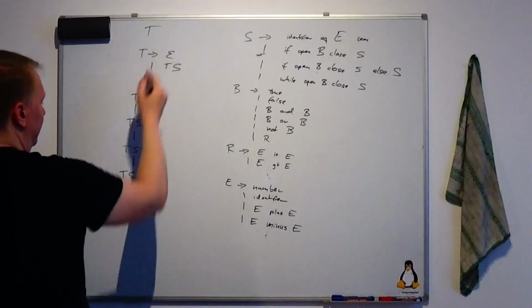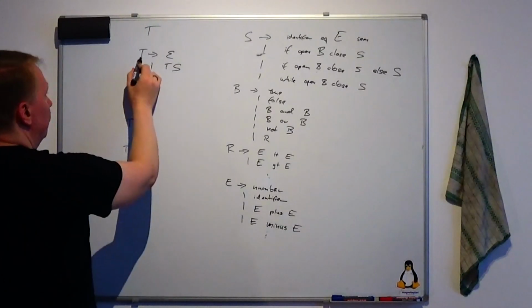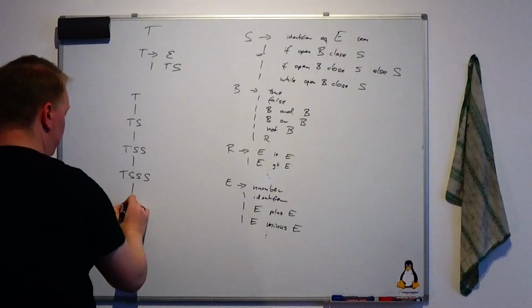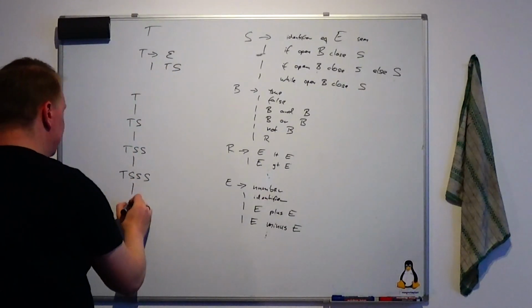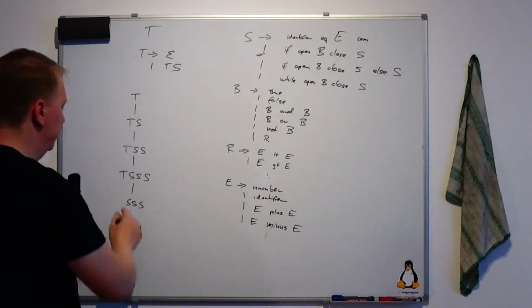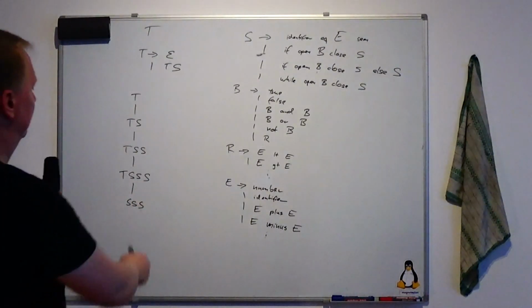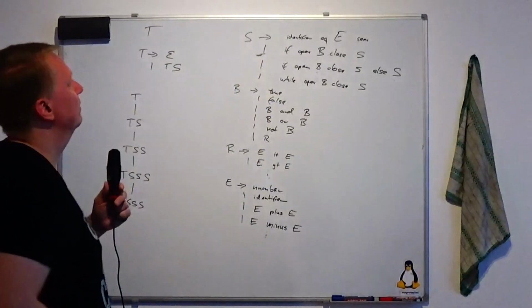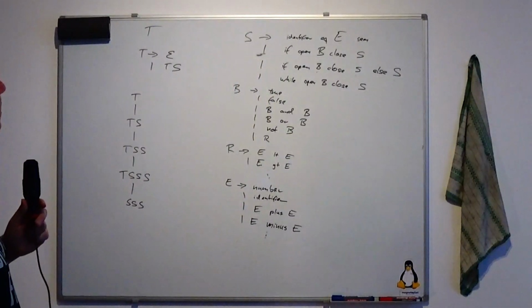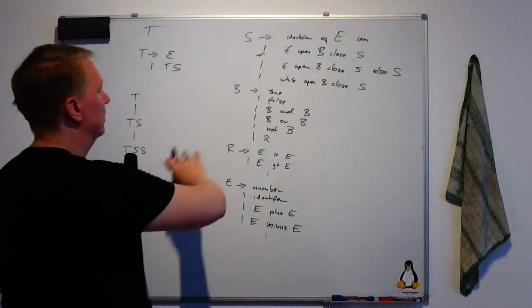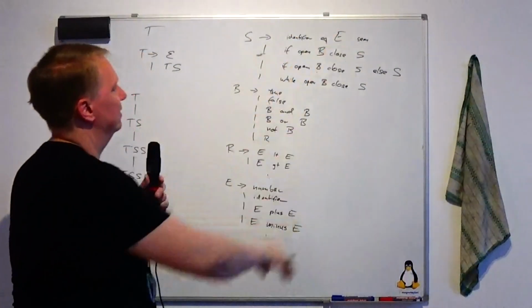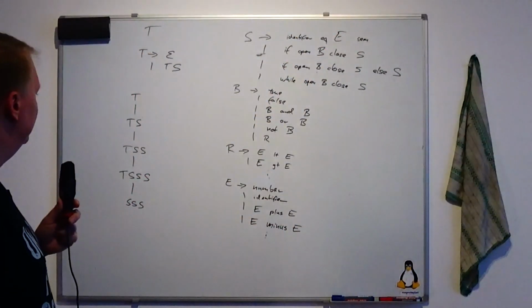And then at the end replace that T with epsilon, so nothing. So now you have SSS, and each of these S's could then bind one of these statements here.